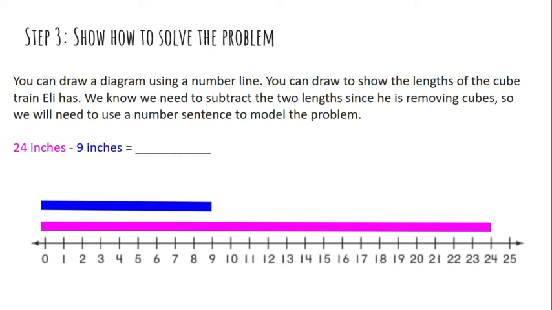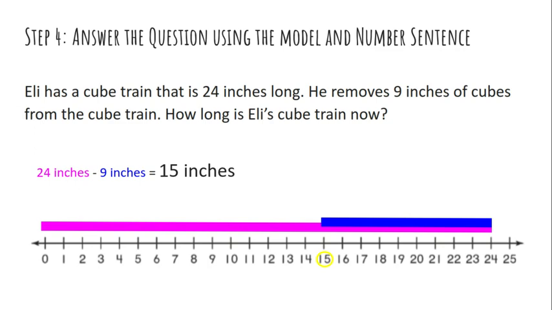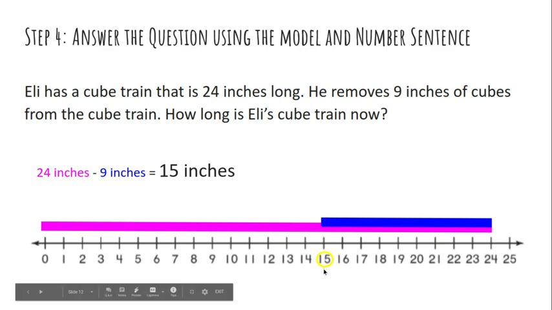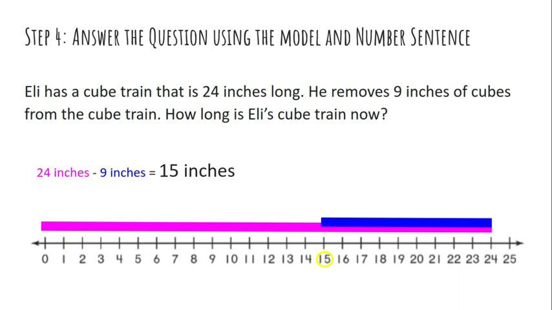Notice the difference when I solve the problem for subtraction. Even though I started with 24 inches of a cube train, he took away 9 of those inches. Taking away the 9 inches in blue leaves me with 15 inches total. Again, I knew that my label was inches, and I'm showing my answer with a model and a number sentence.